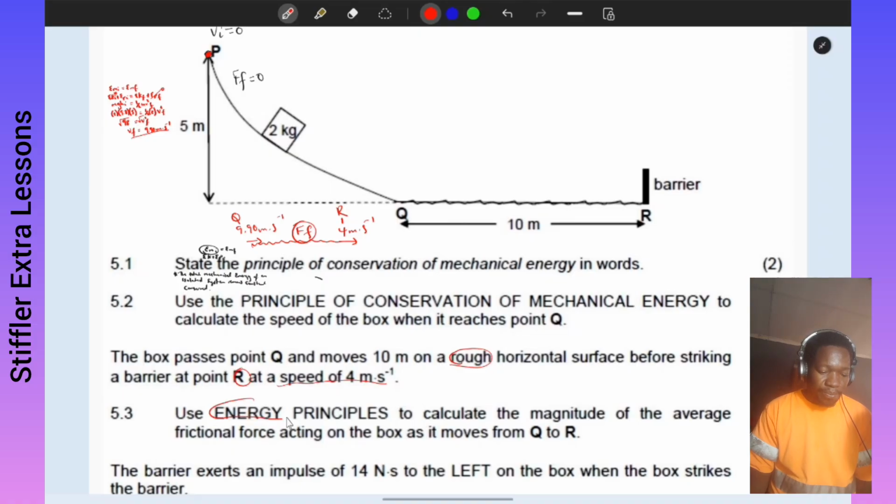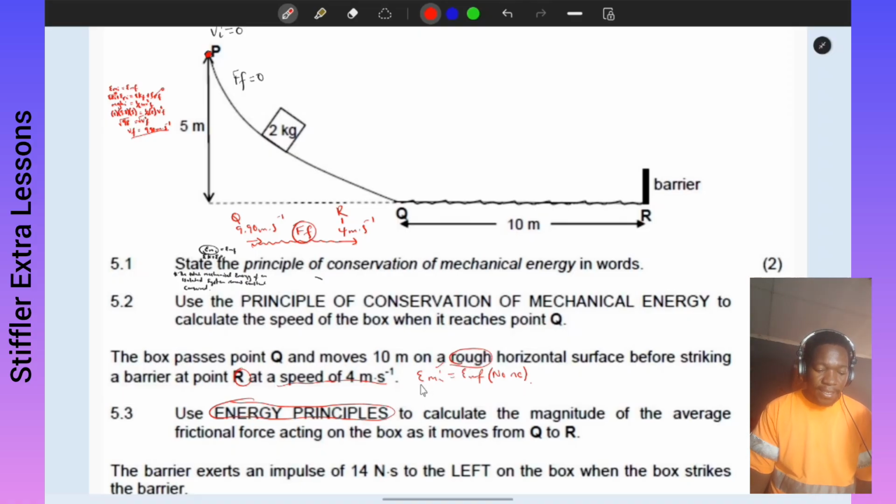Use energy principles. There are 3 energy principles that you should know. There is this one, which is EM initial is equal to EM final, but this only applies if there are no non-conservative forces. If there's no frictional force, if there's no force applied, we can use this.